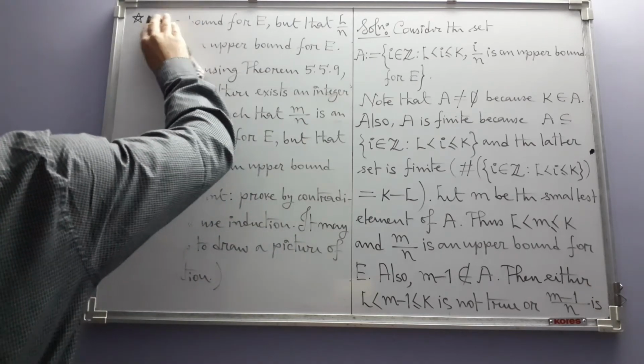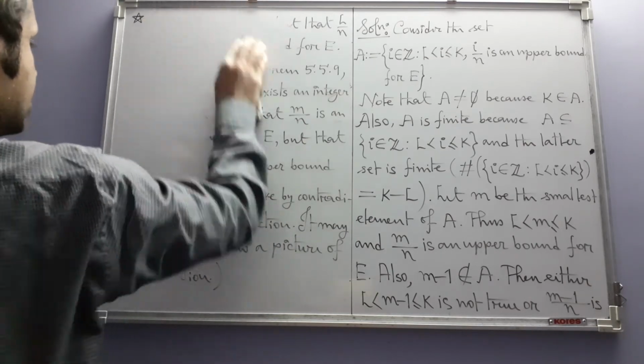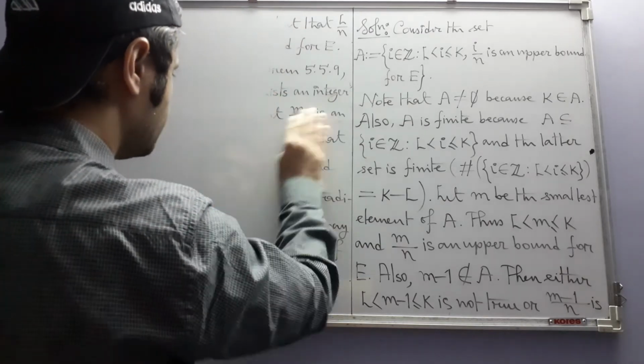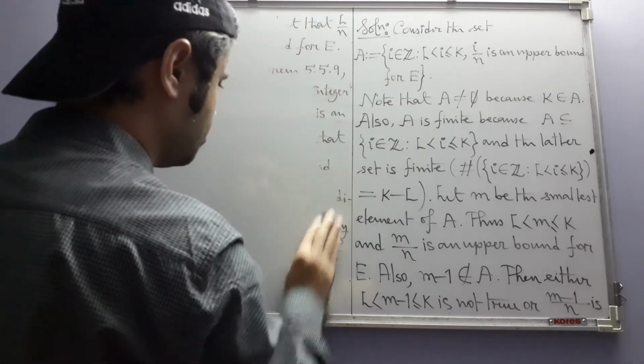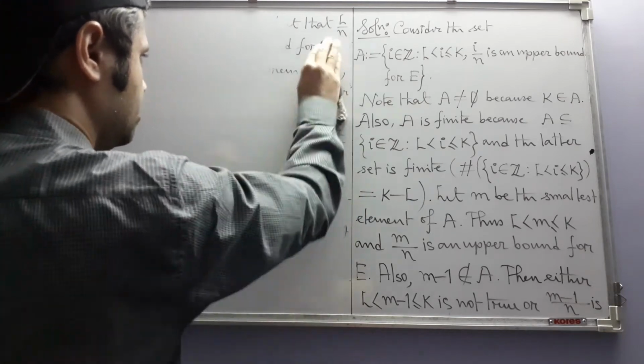That is, neither are these inequalities true, nor is M minus 1 by N an upper bound for E.